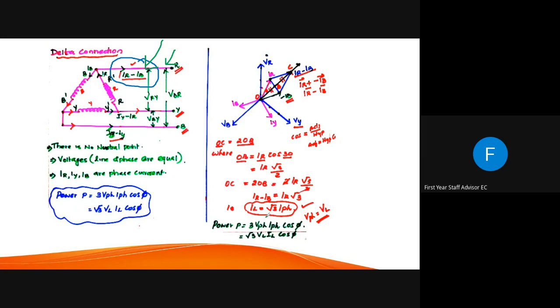Okay, finally you write the formula for three-phase power. This formula also you note it down. It will be required when we are doing the numeric. Power P is equal to 3 V phase I phase cos phi or root 3 VL IL cos phi.